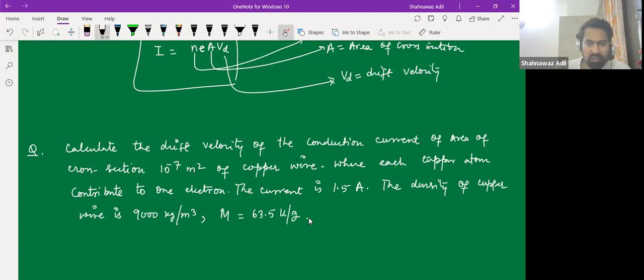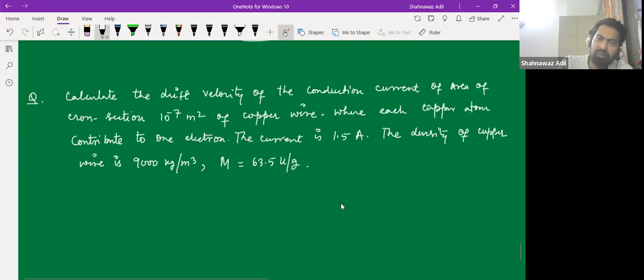So this is the question. What we have to calculate? We have to calculate the drift velocity, right?